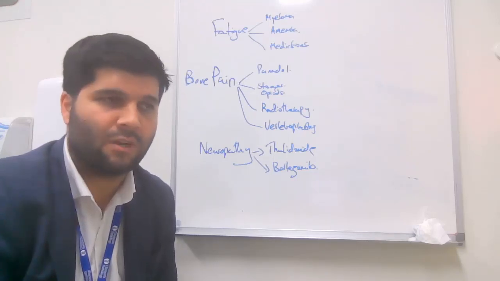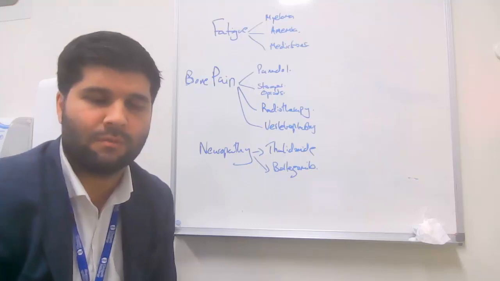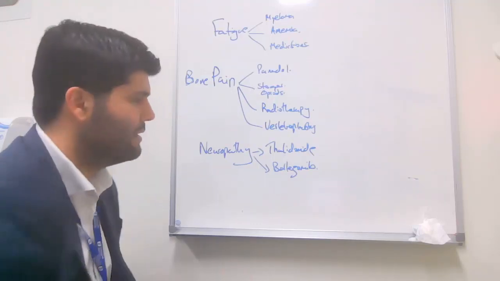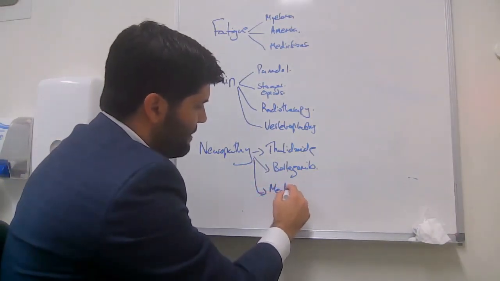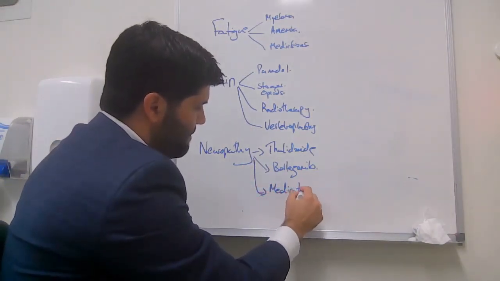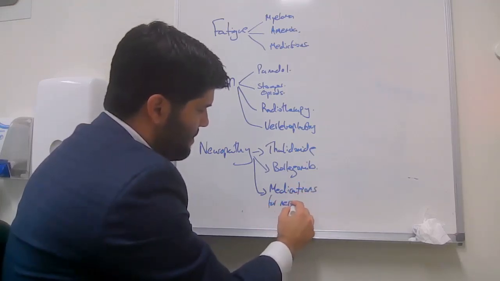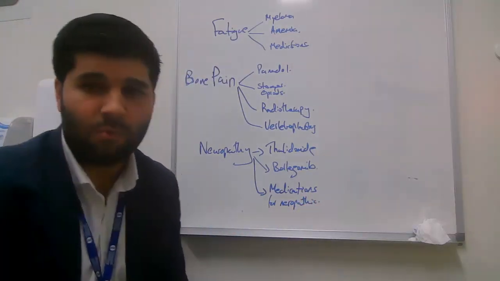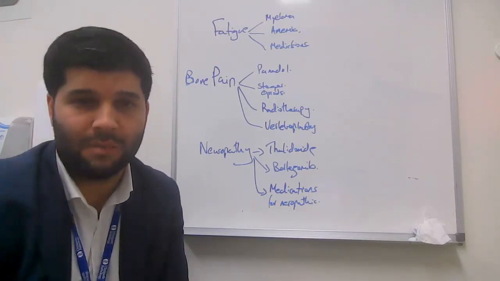Outside of that, if it has developed, in terms of managing the pain symptoms, the burning and stinging pain, there are particular medications that work for neuropathic pain. Now, they unfortunately don't work for everyone, but some people do benefit a lot from these medications.